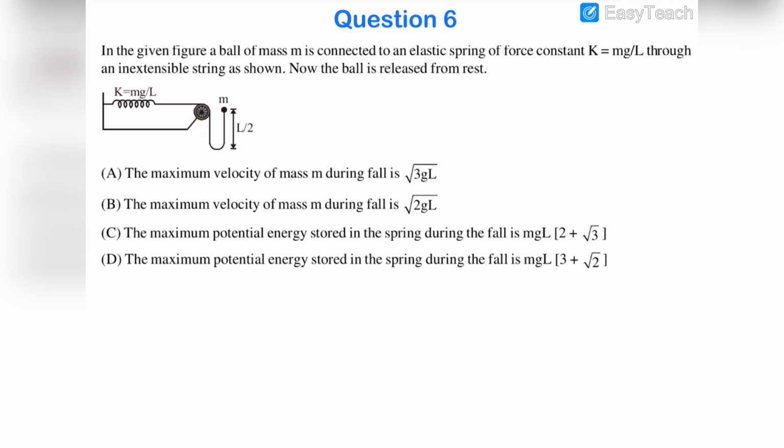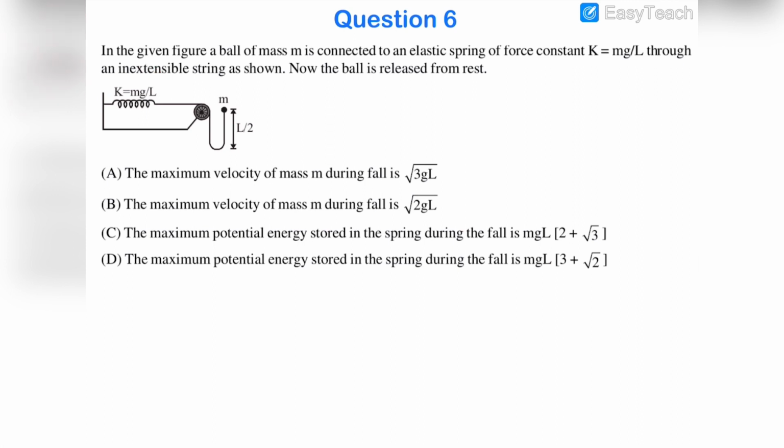Initially, the spring was in the relaxed position, which means it was not extended, and the ball is released. Obviously, when the ball is in this position initially, the string would be relaxed and the tension in the string would be 0, and therefore the spring would also be relaxed.